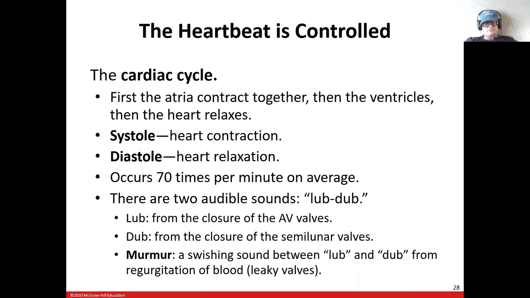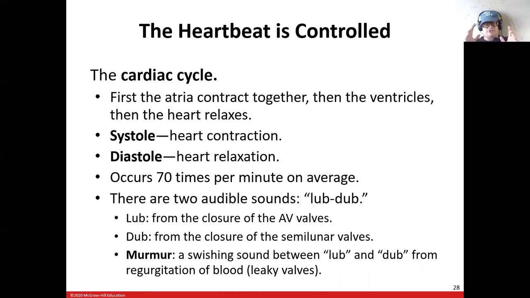All right. So let's talk about the cardiac cycle. The atria contract first, and then the ventricles, and then the heart relaxes. Now, when the atria contract, what happens is blood entering the atria passively flows through the AV valve down into the ventricle, but then the atria contract and they squeeze blood into the ventricle to fill it up all the way.